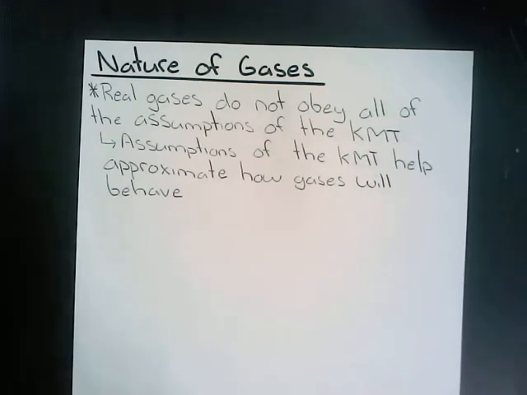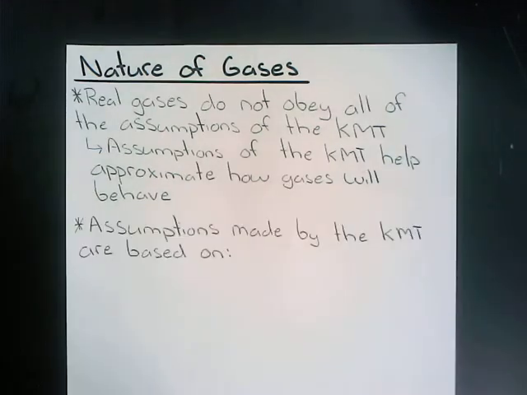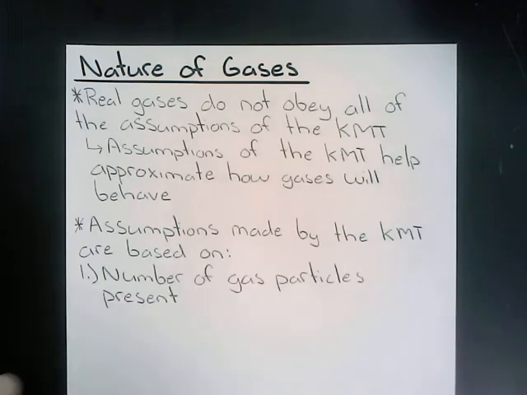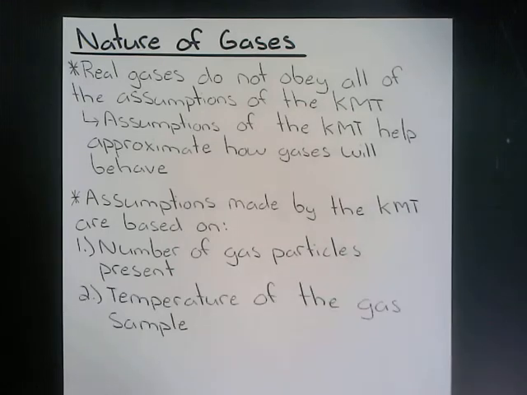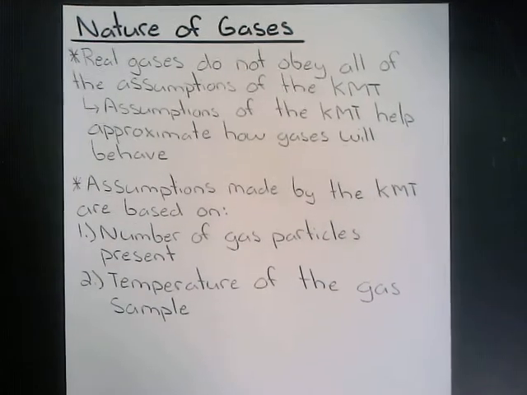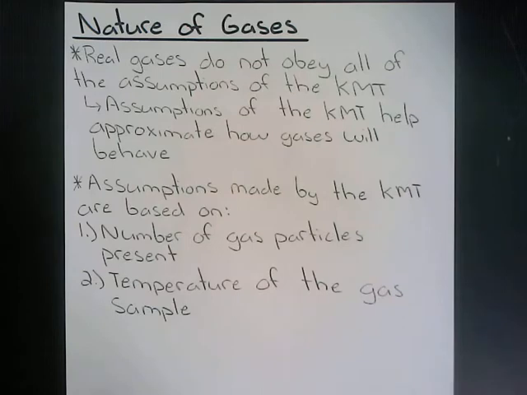The assumptions that are made by the kinetic molecular theory to help explain how a gas behaves are based on the following 4 factors. The first factor is the number of gas particles present. The second is the temperature of the gas sample. The third is the pressure of the gas sample.